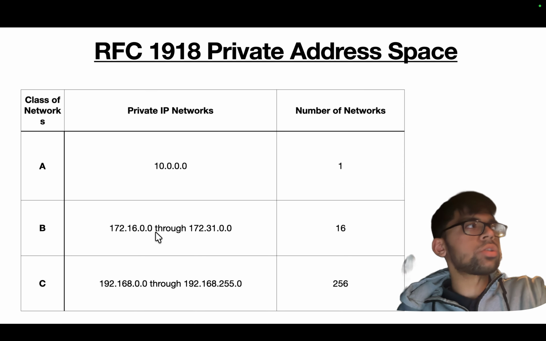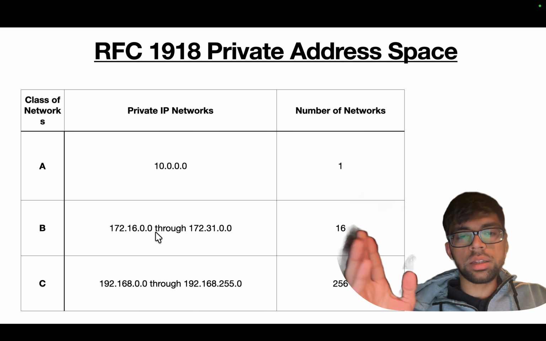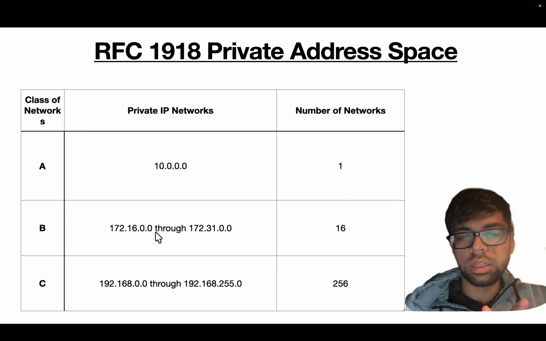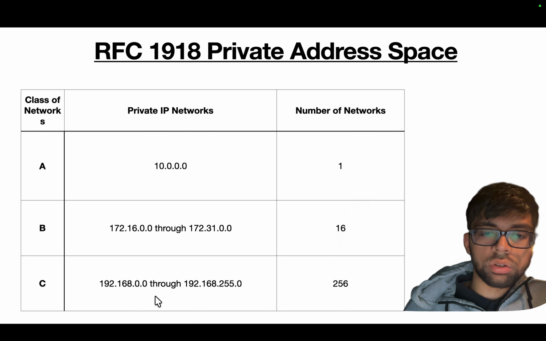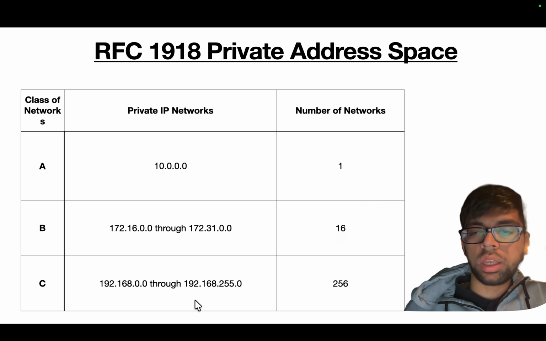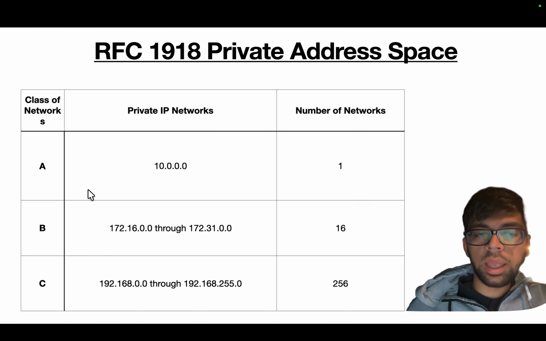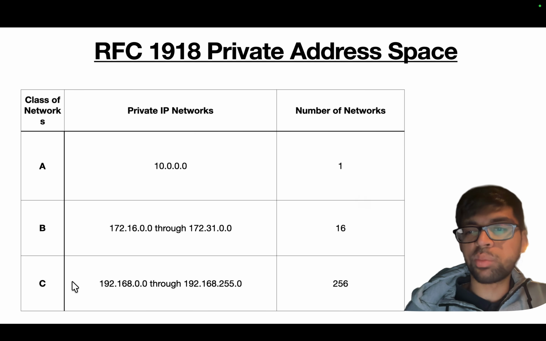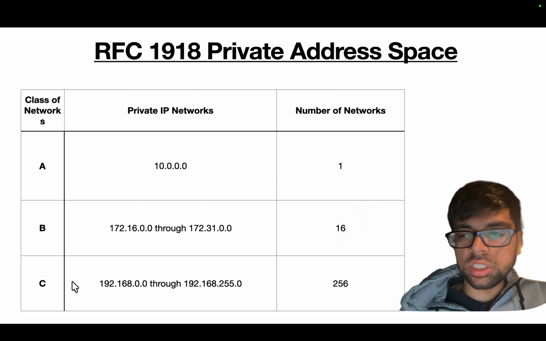Class B is 172.16.0.0 to 172.31.0.0, which gives you 16 networks. Class C is 192.168.0.0 all the way to 192.168.255.0, which gives you 256 networks. So you can see it goes from 1 to 16 to 256. They're all private, but B gives you more than A and C gives you more than B. So it's very important to be familiar with these three ranges.